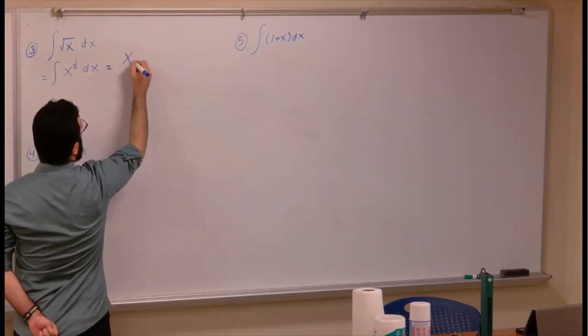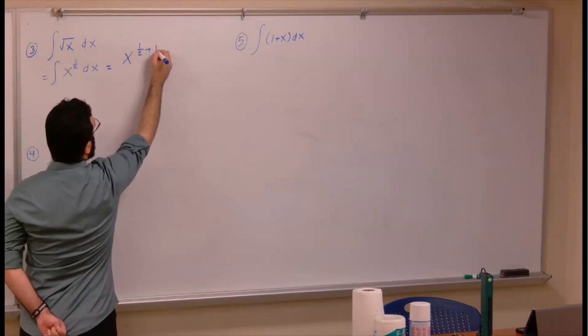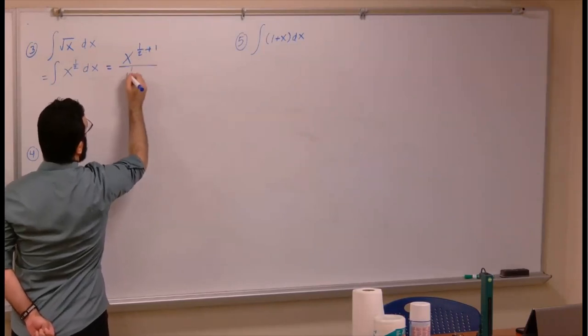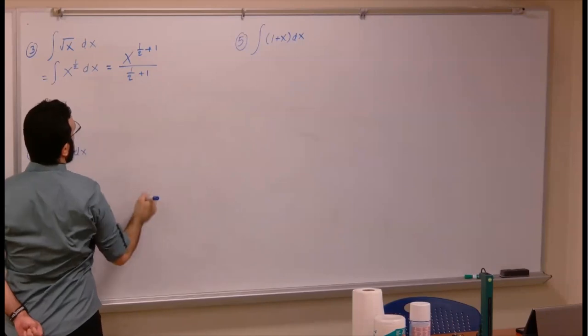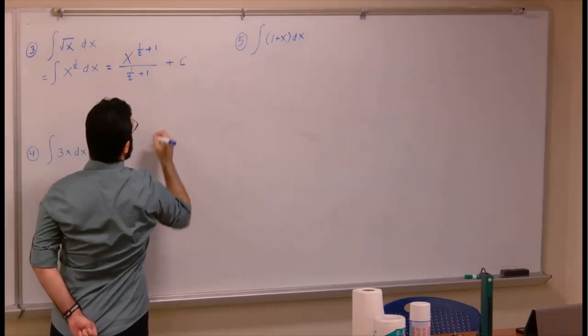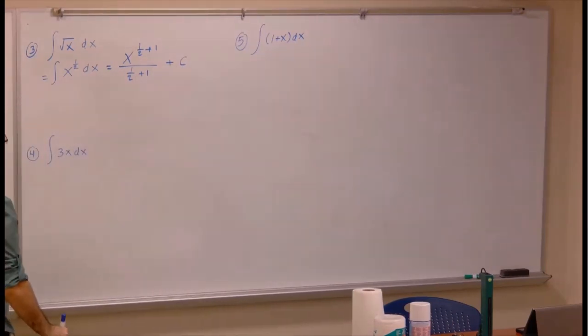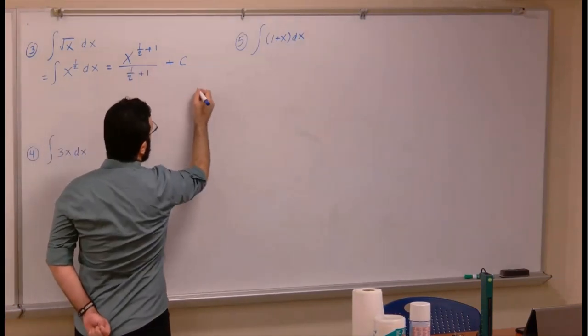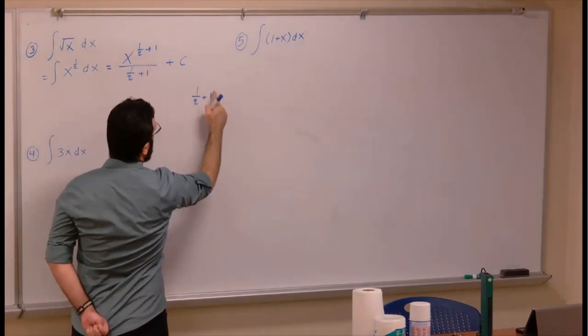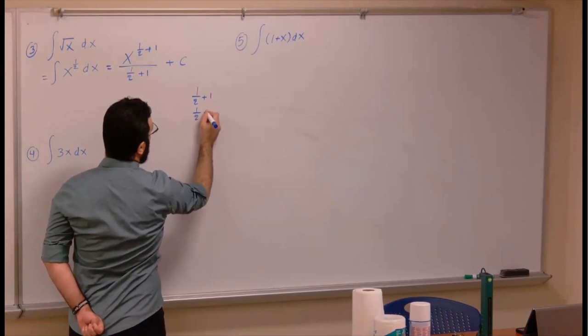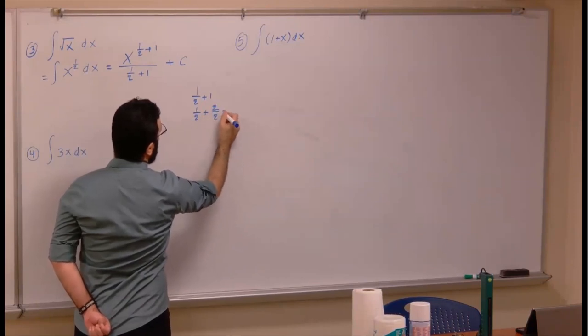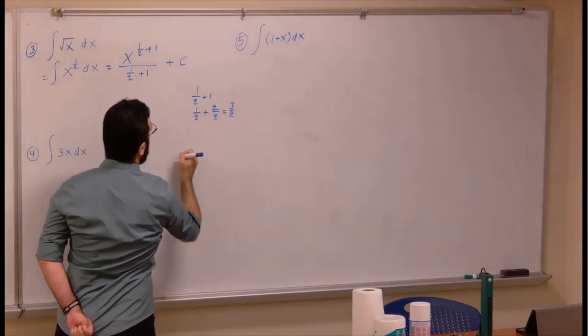That means it's going to be x to the 1 over 2 plus 1 and divide by 1 over 2 plus 1. And always you're going to add the constant c. Now on the side, let's add these two numbers. So it's going to be 1 over 2 plus 2 over 2. That means it's going to be 3 over 2.